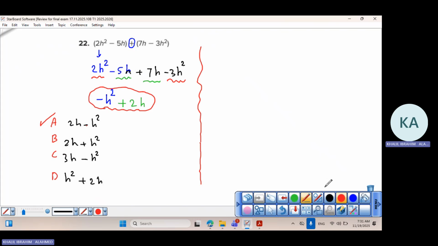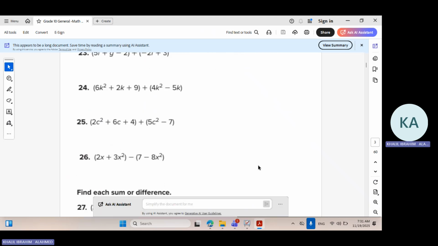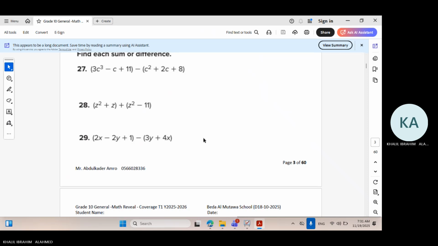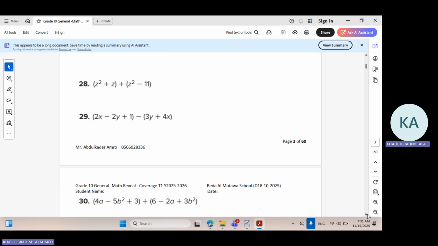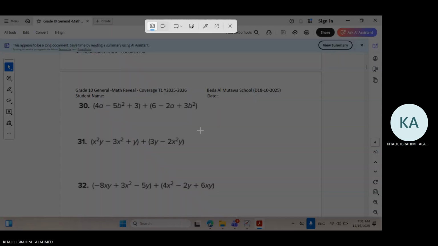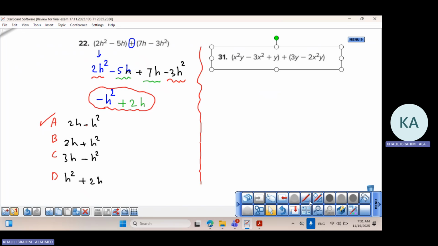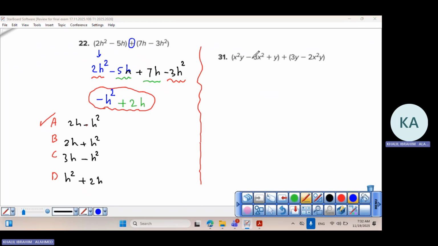That's it. Let me give you another example, another question, question 31. I will give you this question, then I will explain step by step how to solve it. The first expression is x squared y minus 3x squared plus y.